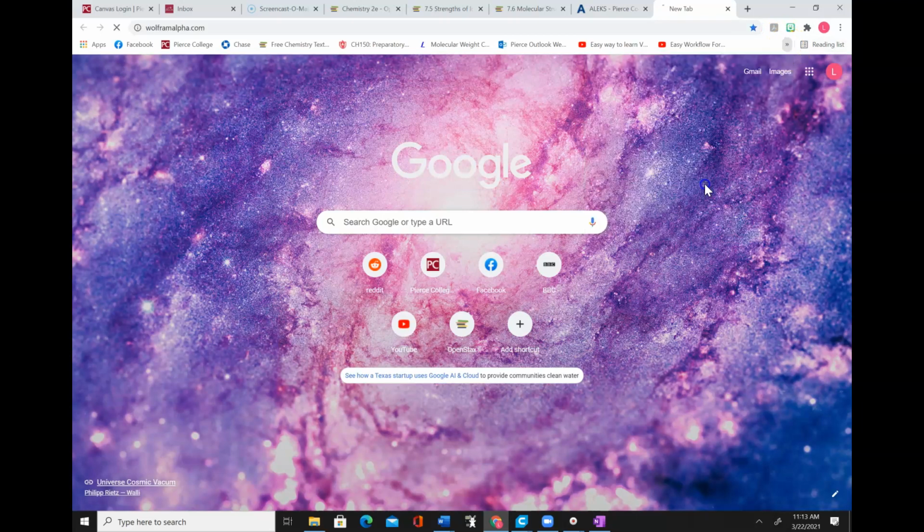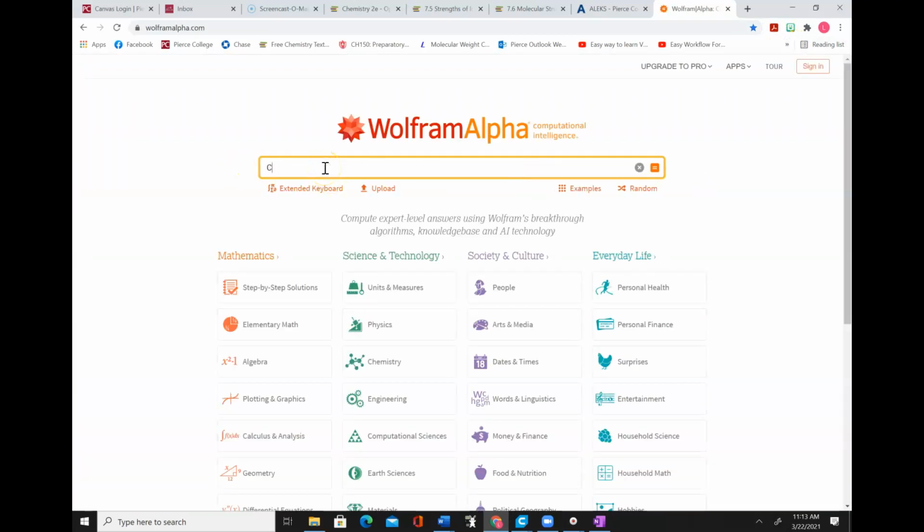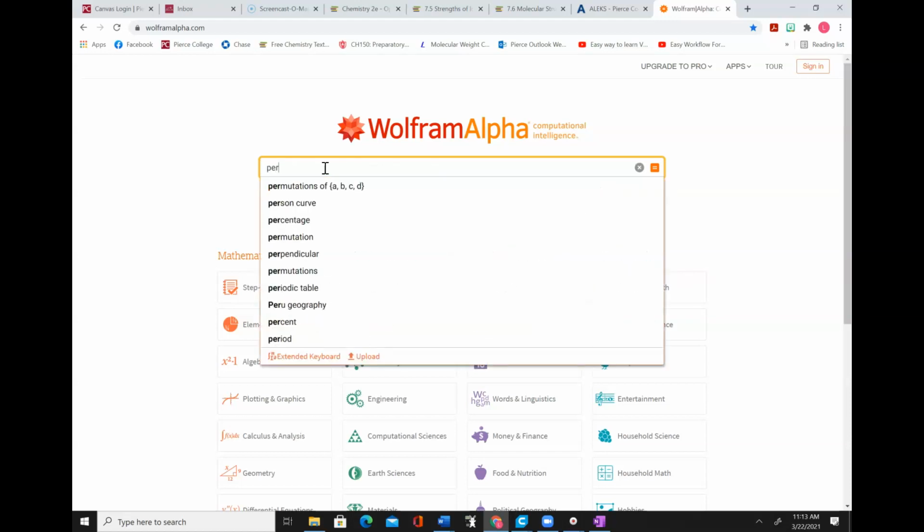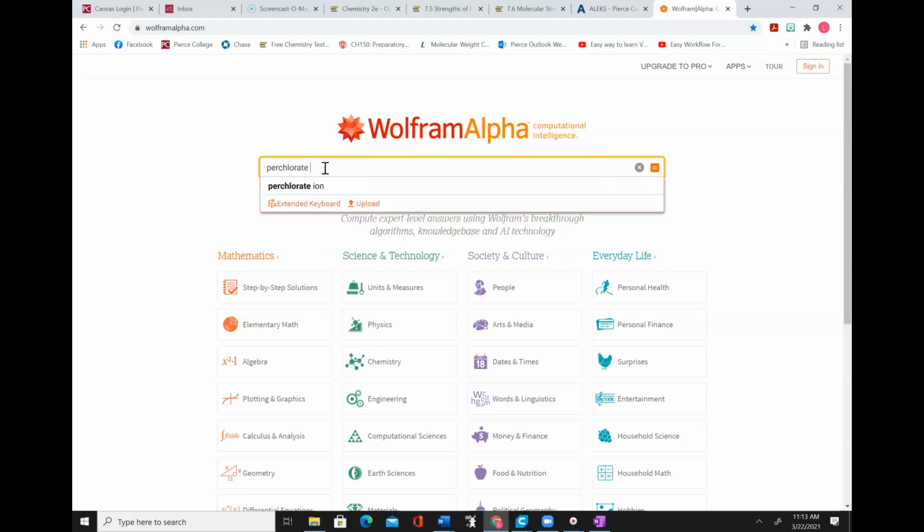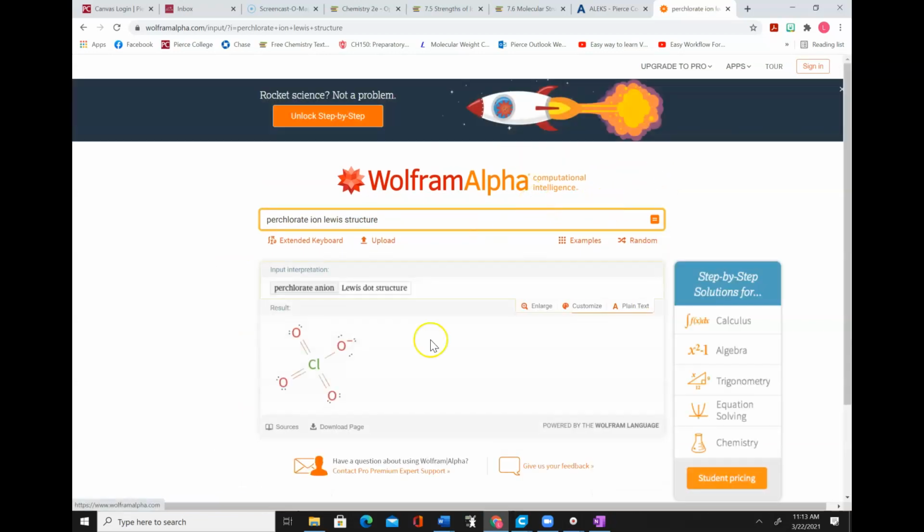It's in many cases, Wolfram Alpha, if I can, let's just do it this way, we'll be able to draw a Lewis structure for you. So let's see if it can do it in this case.